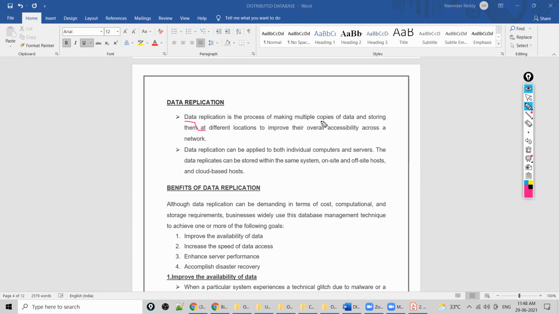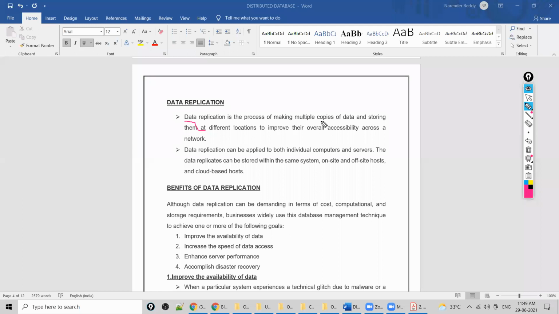Data replication is the process of making multiple copies of data and storing them in different locations to improve their overall accessibility across the network. Okay? Data replication means we can save more than one copy in different locations.